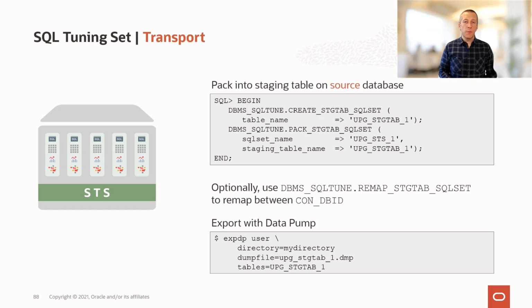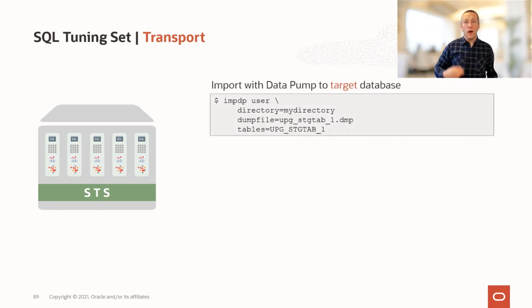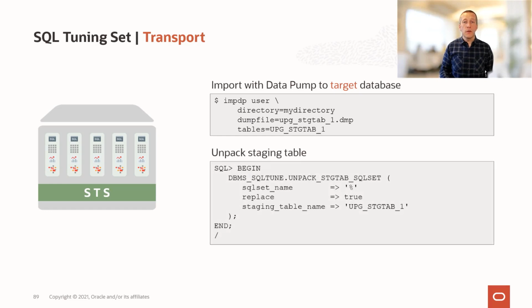And then you can export the table. It's a regular heap table with Data Pump. Then on your target database, again, you use Data Pump to import the table, and then you unpack the transportable format into the data dictionary format. And now your SQL tuning set is in another database. Now you have access to those statements and those good execution plans in your new database.